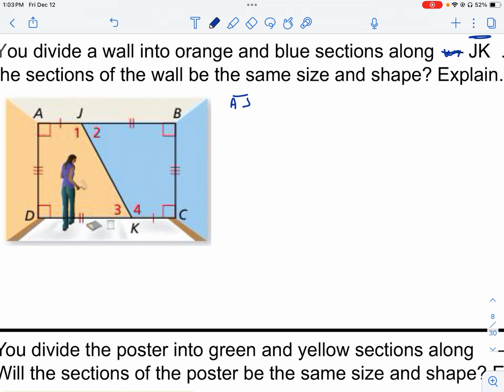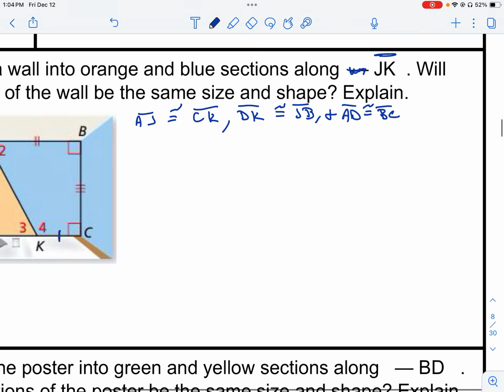Well, AJ is congruent to side CK, and DK is congruent to side JB, and side AD is congruent to side BC.